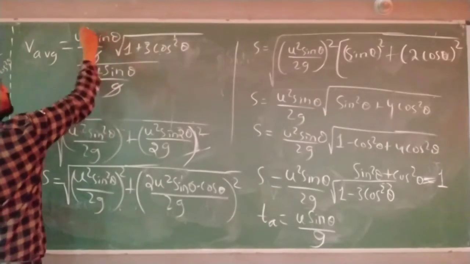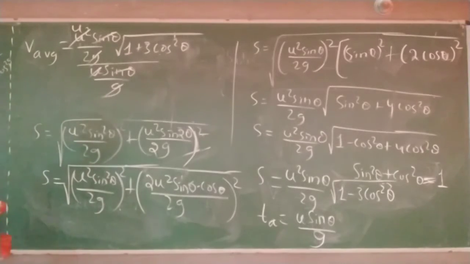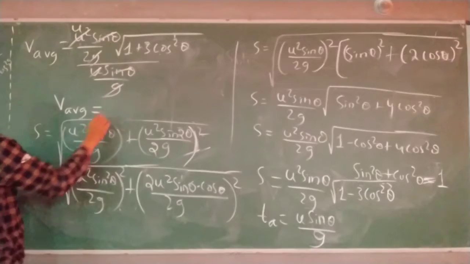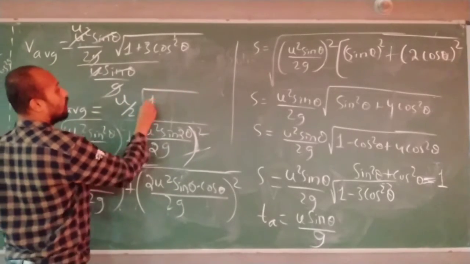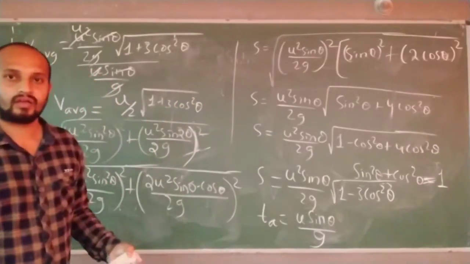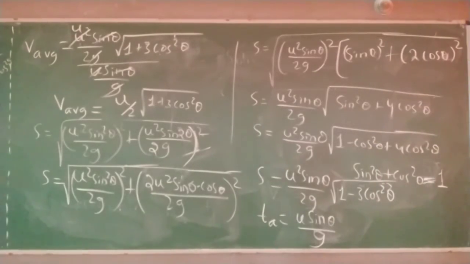G is getting cancelled, one u is getting cancelled, sin theta is getting cancelled. What is remaining? Average velocity will be equal to u by 2 into root of 1 plus 3 cos square theta. Very extended problem. This is the answer.